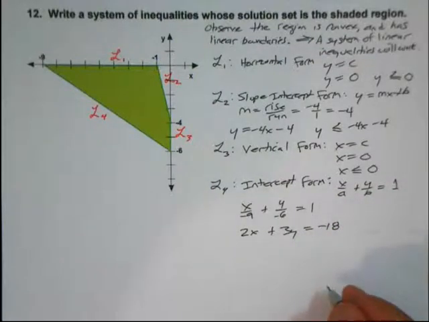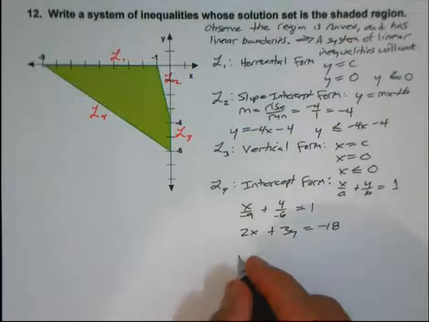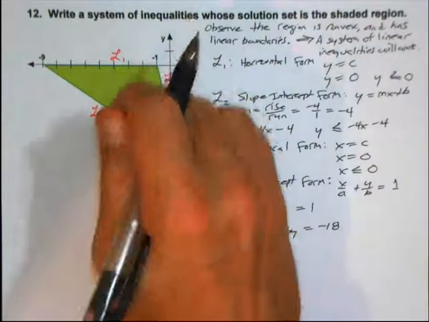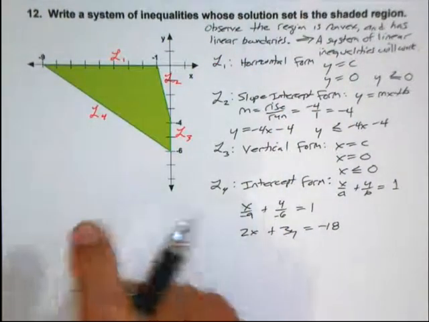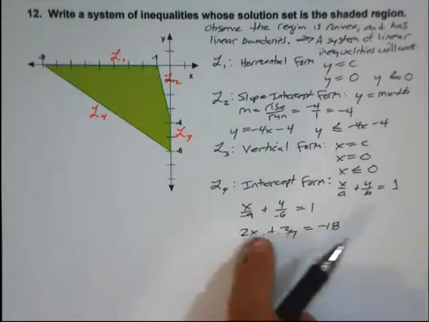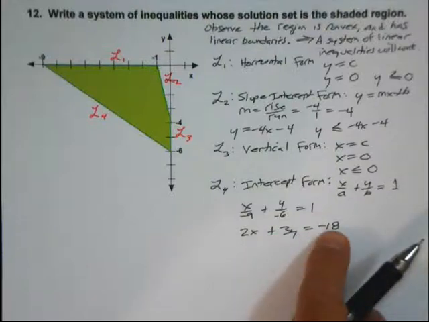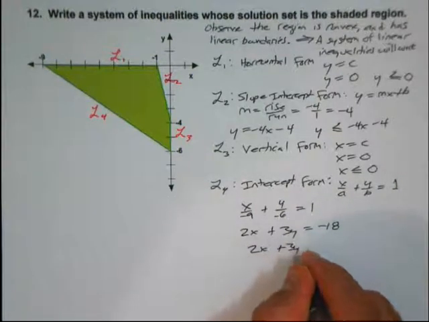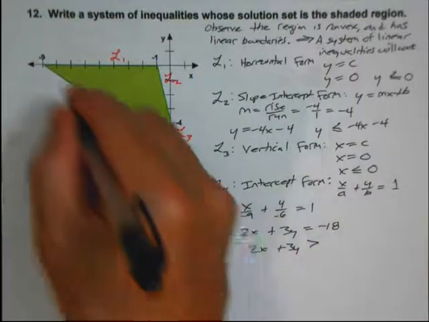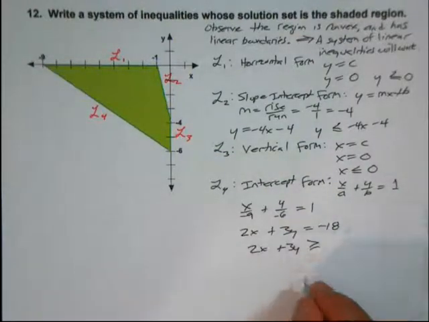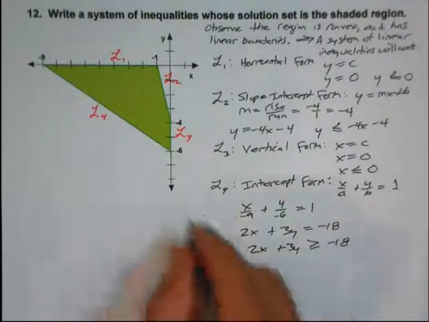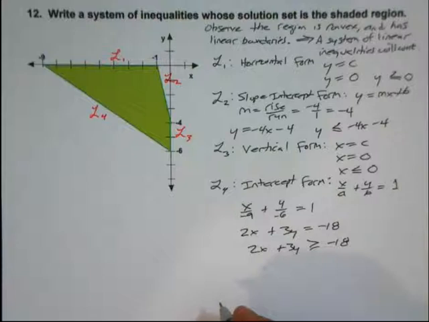Now, as an inequality, what do we want here? We would like to see 0, 0 make the inequality true. If we put 0, 0 in here, 0 is greater than negative 18. So we're choosing 2x plus 3y greater than or equal to negative 18, with a solid line. There's an inequality that corresponds to L4 as its boundary line.